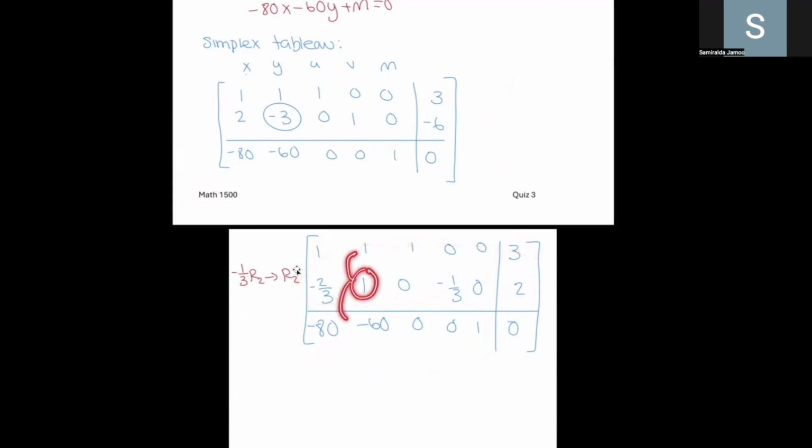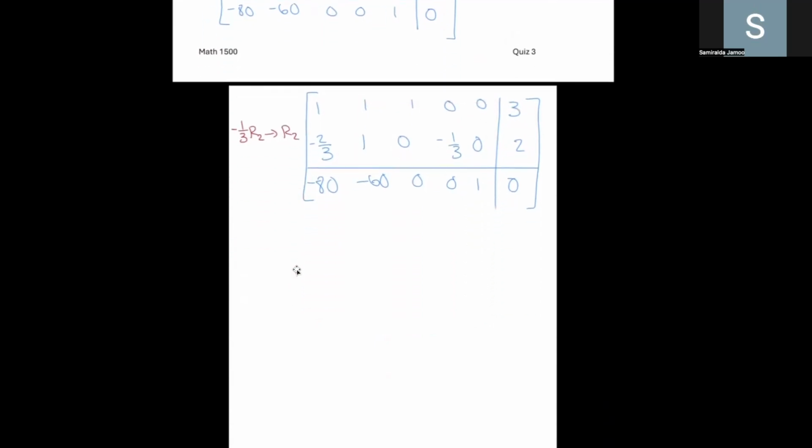Let's focus on making these two zeros. So multiply row 2 by negative 1 added to row 1. Let me copy down row 2 the way it is.